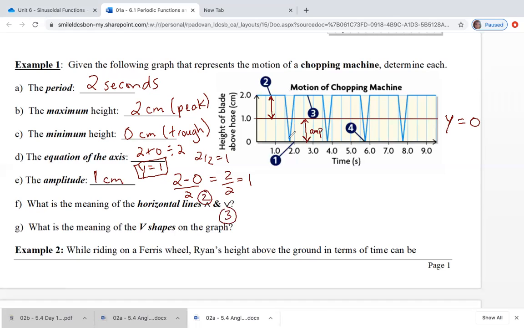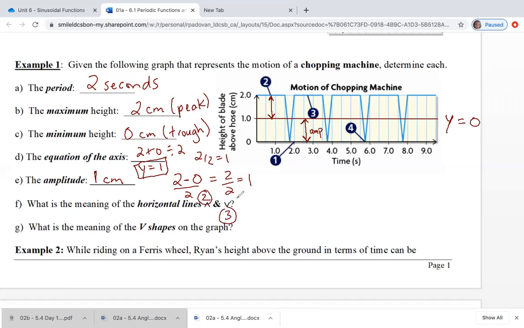So if here it's coming down, going back up, it's not coming down or up at this point. So if I had a chopping machine that's not moving up or down, it's sitting still. Now it's coming down to cut, it's coming back up, it's resting. It's coming down to cut, it's coming back up, and it's resting. So that's basically a resting point.